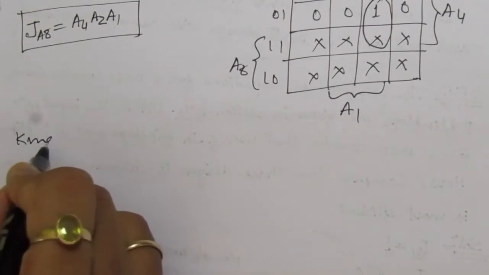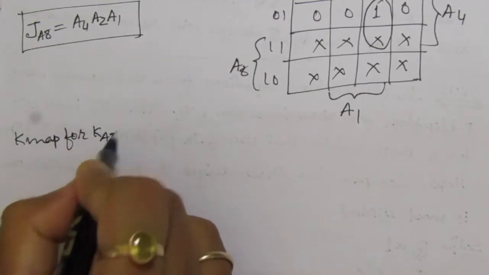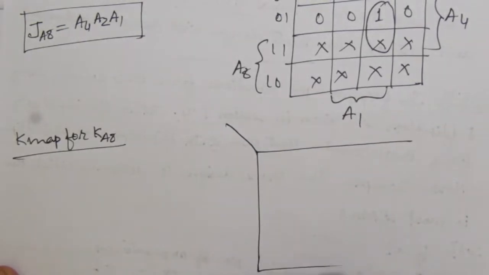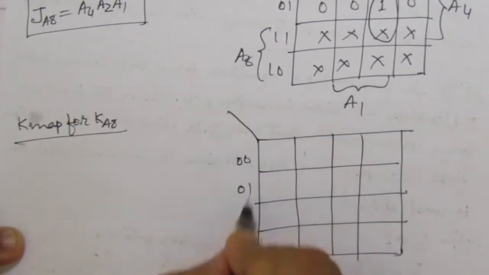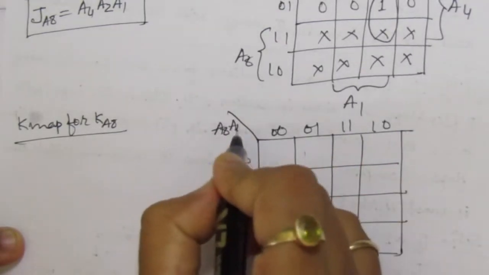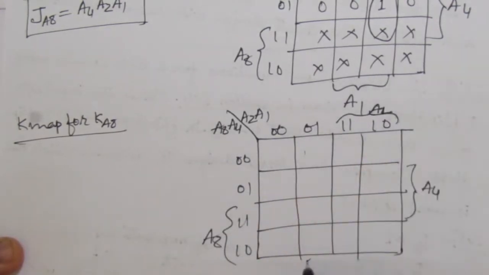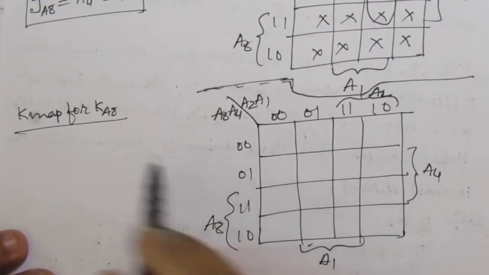Therefore, K map for KA8. So similarly, we have to find out the K map for KA8. Okay, so here we have this 4 variable map again for KA8.